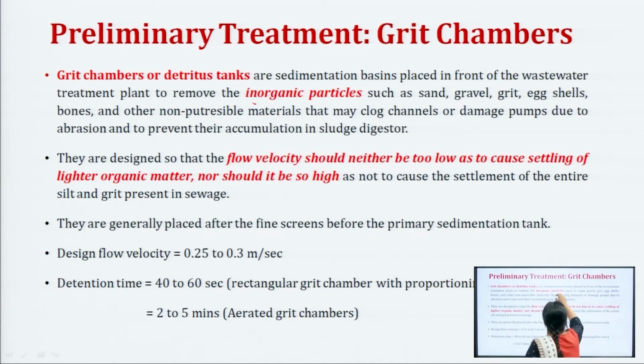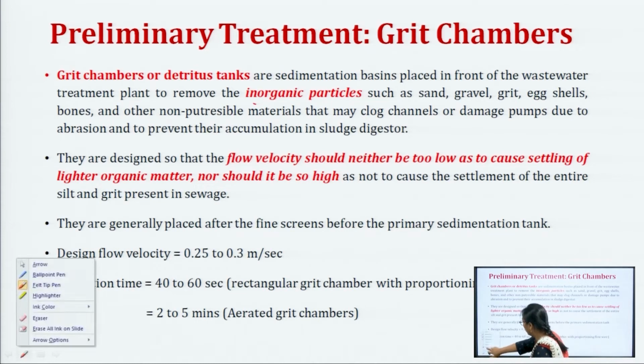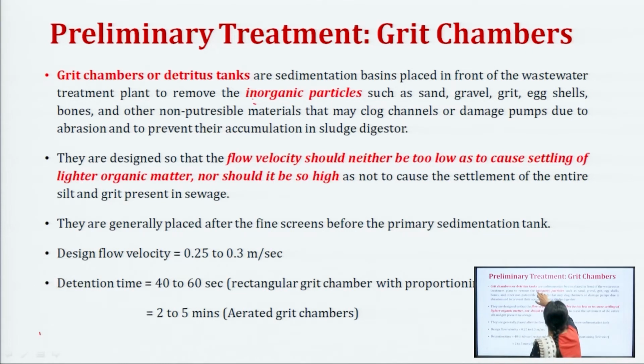What you have to remember is that they are inorganic particles, such as sand, gravel, grit, eggshells, bones and other non-putrescible material that may clog channels or damage pumps due to abrasion, and to prevent their accumulation in the sludge digester.